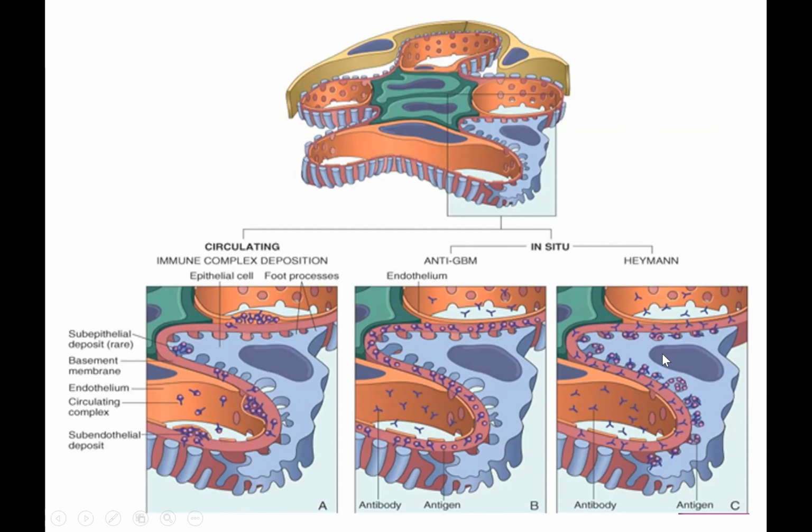So, if you're following my discussion, I have given you 3 locations: subendothelial, along the GBM, and subepithelial. It may be reacting with components that are in your glomerular tuft, or it may be already formed at the time that it is filtered in your kidneys.